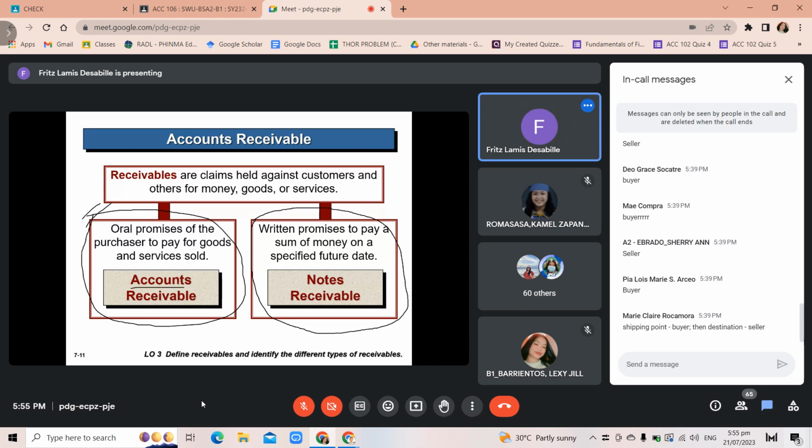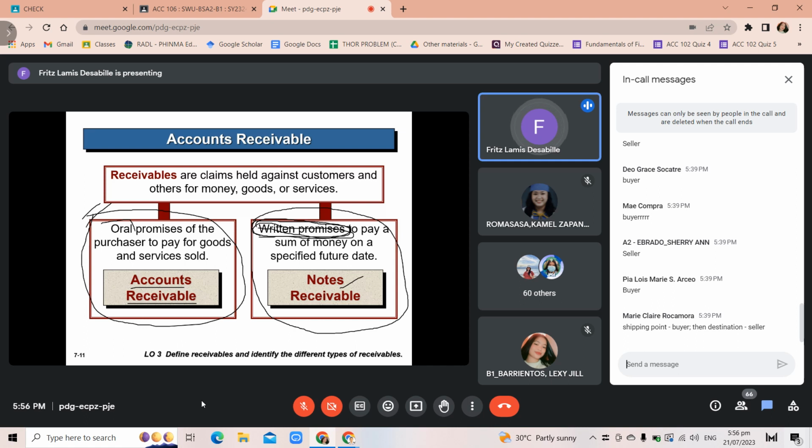Basically, the difference between the two is that for notes receivable, there is what we call a promissory note. So it is always written. Whereas accounts receivable may be oral.